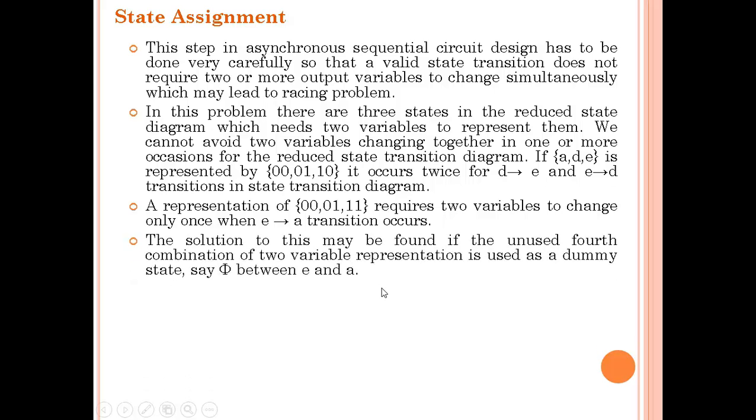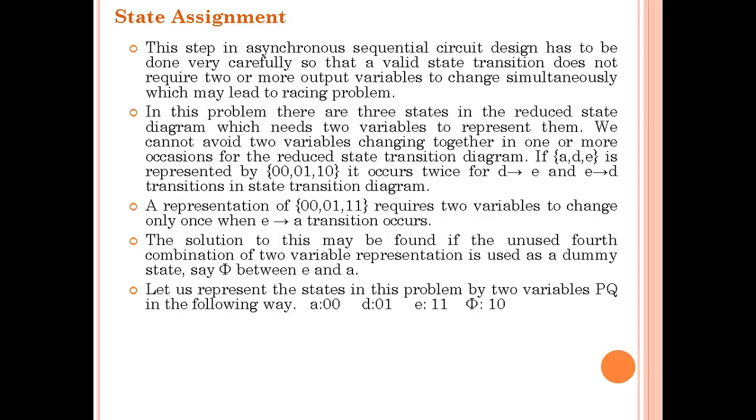The solution to this may be found if the unused fourth combination of the two-variable representation is used as a dummy state, say phi, between E and A. Let us represent the states in this problem by variables pq in the following way: A is 0 0, D is 0 1, E is 1 1 and phi is 1 0.